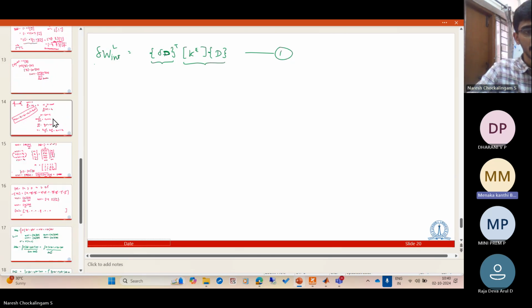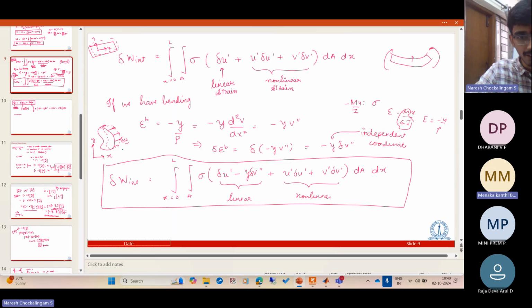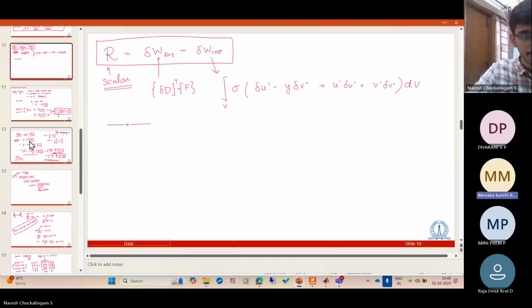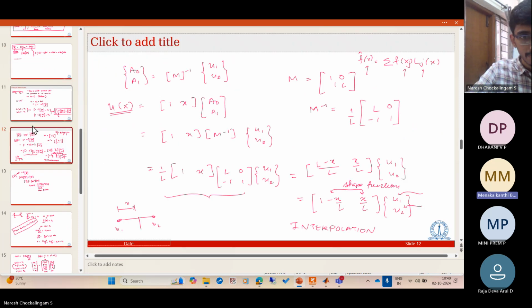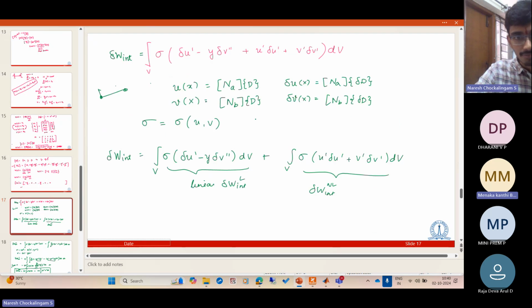Okay. So we had the nonlinear part somewhere. Yeah, it is U dash. This is all fine. This is all shape functions. So this is the nonlinear part, right? Sigma U dash del U dash, V dash del V dash.